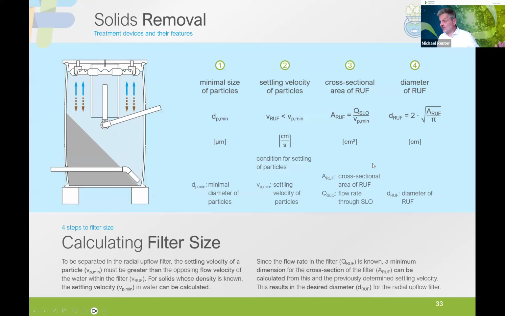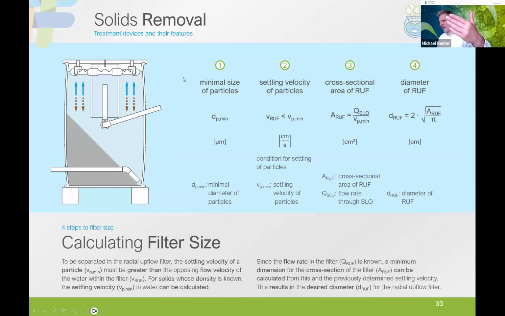Here again, the calculations are a little bit the same as I already explained for the pipes, because we also divide the flow that goes inside of the filter by a cross-sectional area. And this helps us to calculate how small the particles may be that we settle out in this filter.